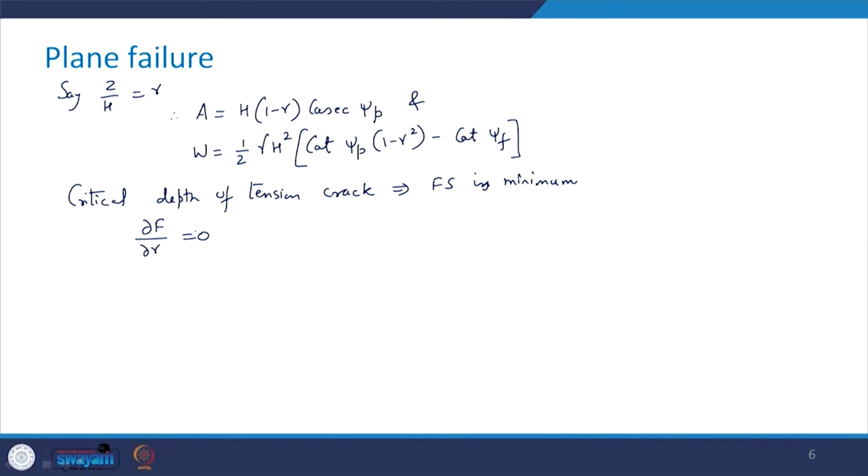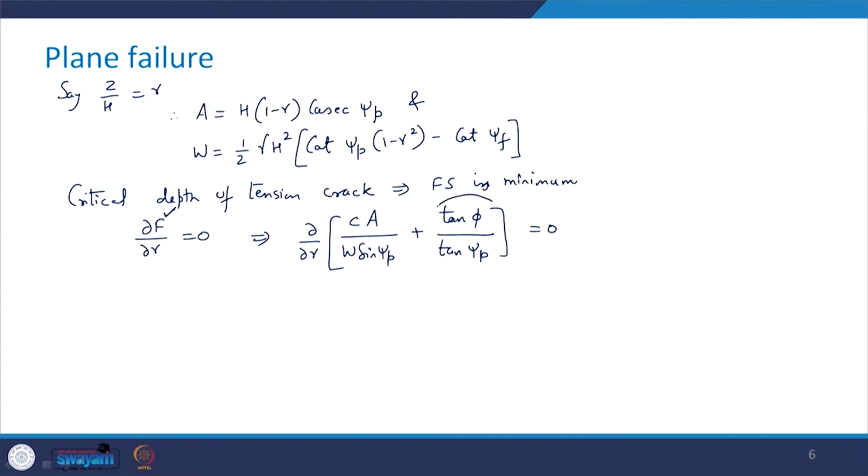Now, refer back to the expression for F, and this is what you will get: del r of Ca upon W sin of psi p plus tan of phi divided by tan of psi p is equal to 0.